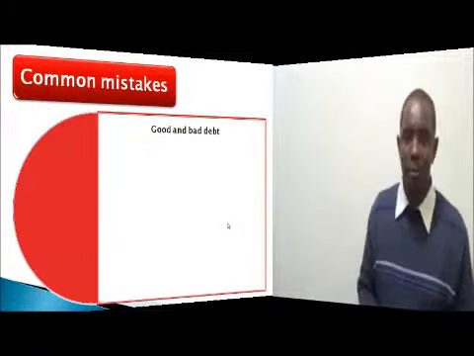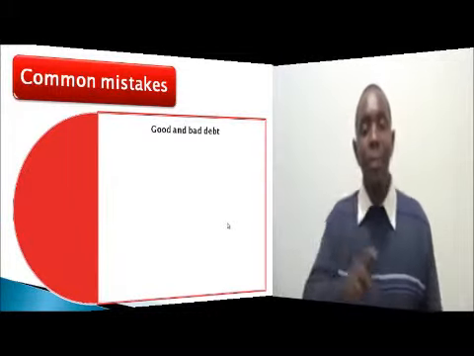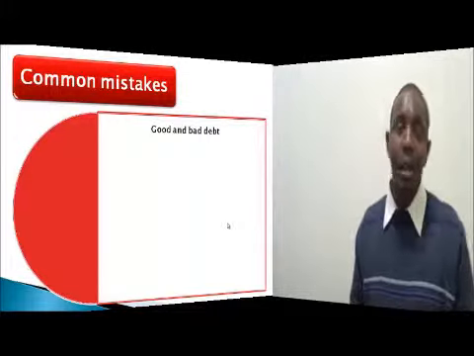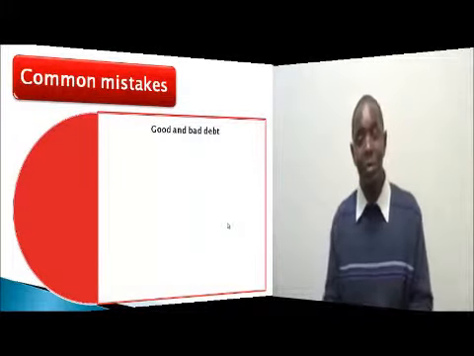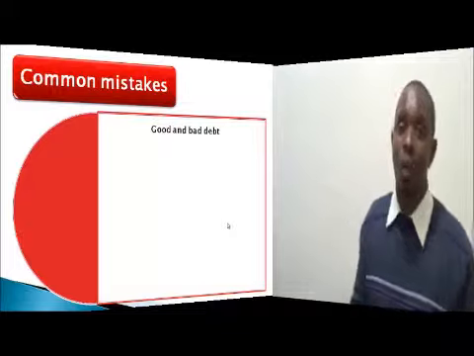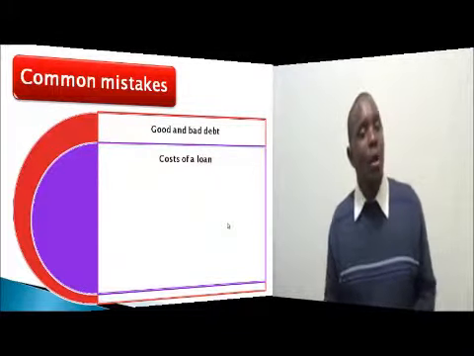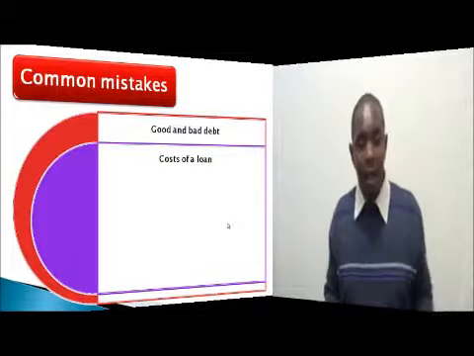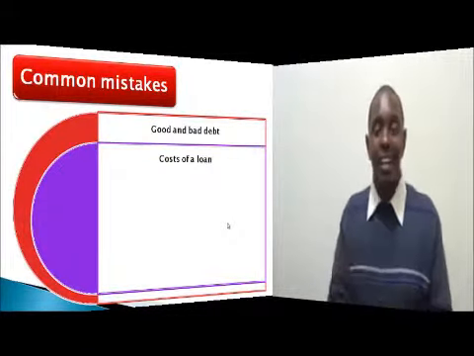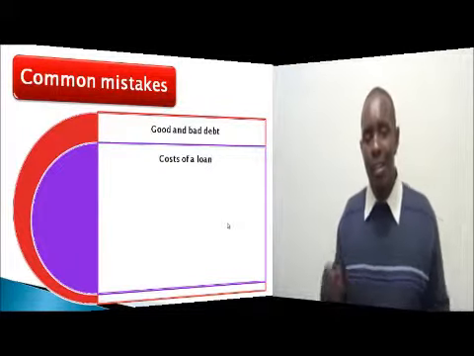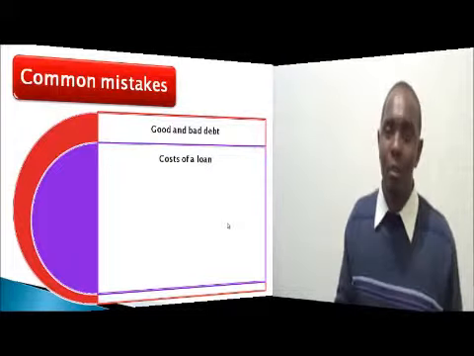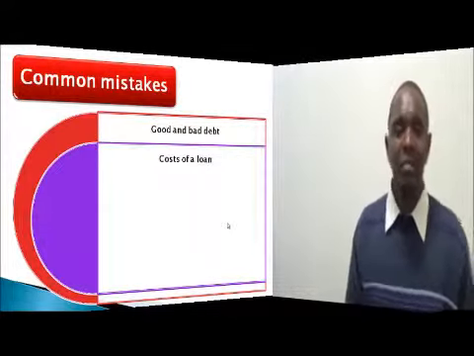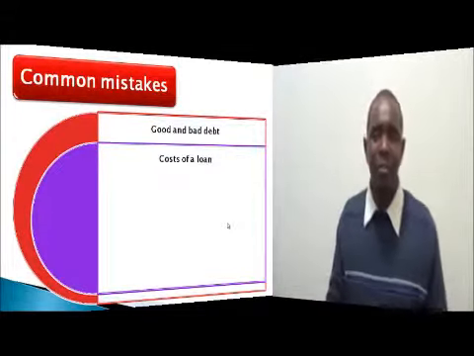The common mistakes people make: people don't differentiate between a good debt and a bad debt. But remember, a good debt can turn out to be a bad debt if it's not well managed. Failure to understand the costs of a loan. You just take up a loan and you don't know exactly how much that loan costs in terms of interest rates, insurance, arrangement fee, valuation fees.